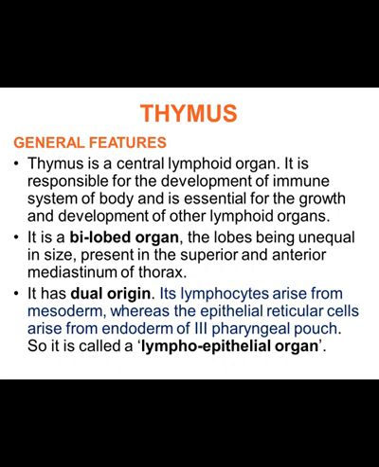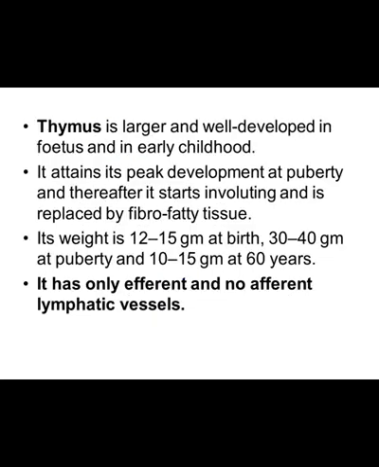It is present in the superior and anterior mediastinum of the thorax. The thymus has dual origin. Its lymphocytes arise from mesoderm, whereas the epithelial reticular cells arise from the endoderm of the third pharyngeal pouch. So it is called a lymphoepithelial organ.